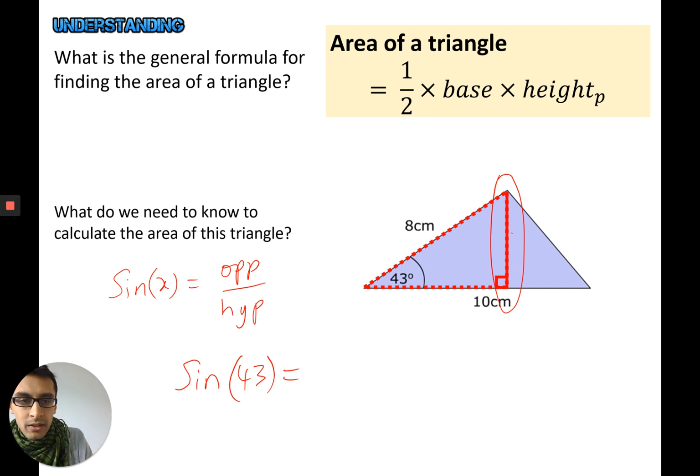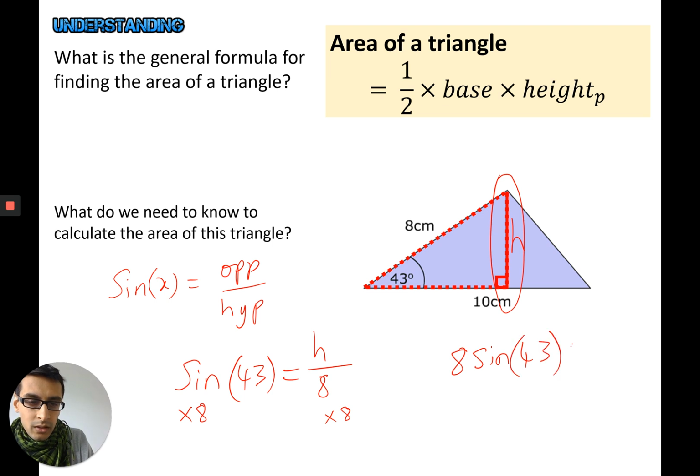We're going to call opposite h, which is a bit confusing because it's not the hypotenuse, but it's the height. So it's going to be the height over 8. And that tells us that the height, if you multiply both sides by 8, will give you 8 sine 43. And then you can just put that in a calculator and you've got your height.